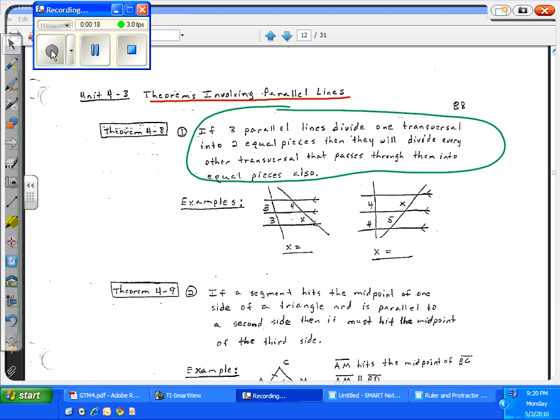Theorem 4.8 says if three parallel lines divide one transversal into two equal pieces, then they will divide every transversal that passes through them into equal pieces also. So we have three parallel lines.